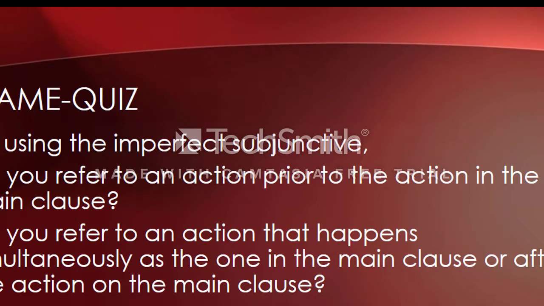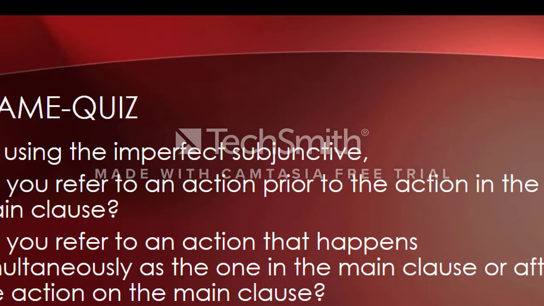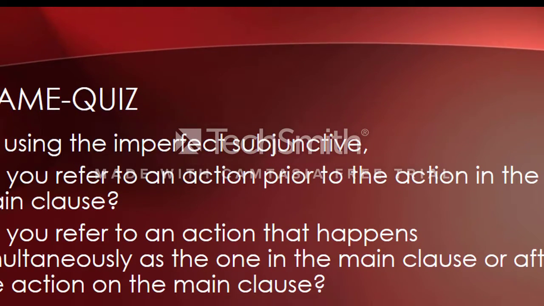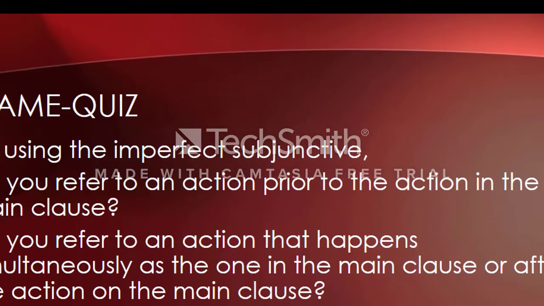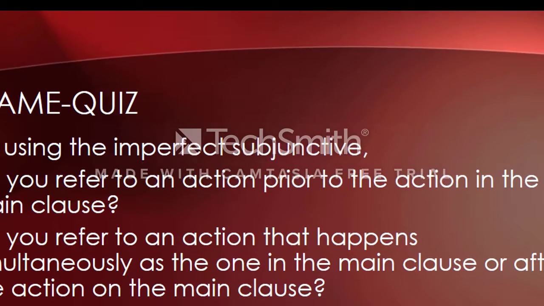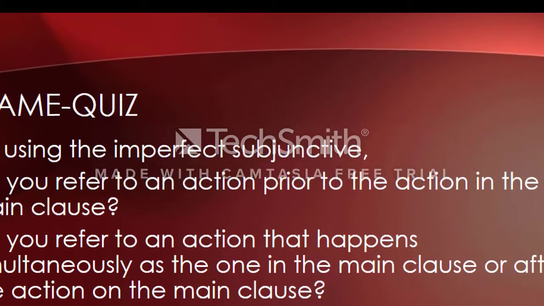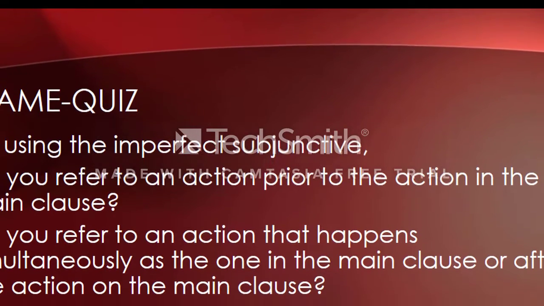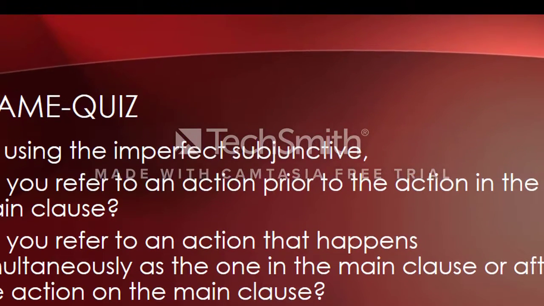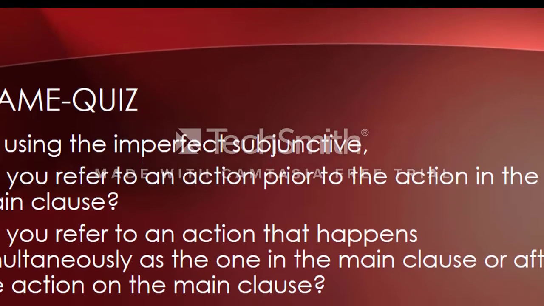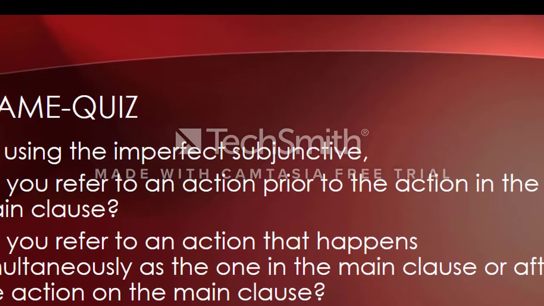Last question, how do you conjugate the infinitive verb venire? It's not asking you to conjugate in all persons, singular and plural. It's only asking you to conjugate venire in the imperfect subjunctive for the third person singular, so just one person.